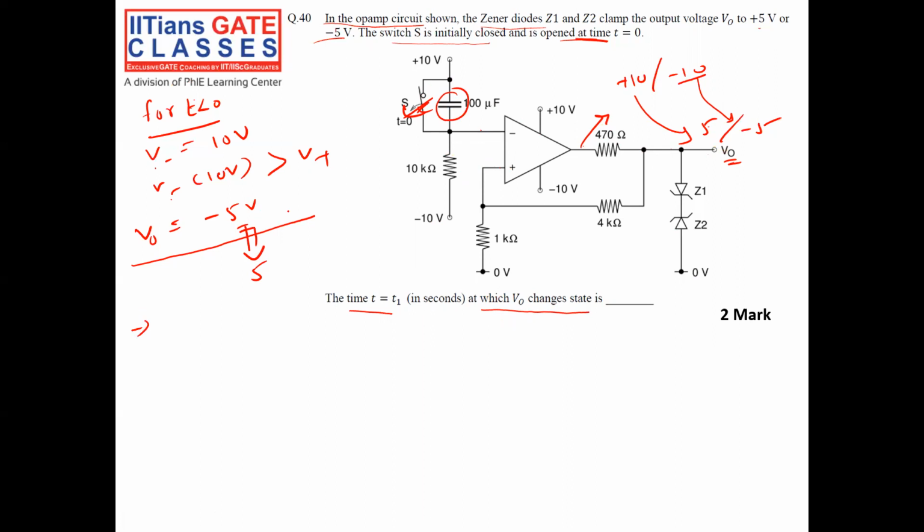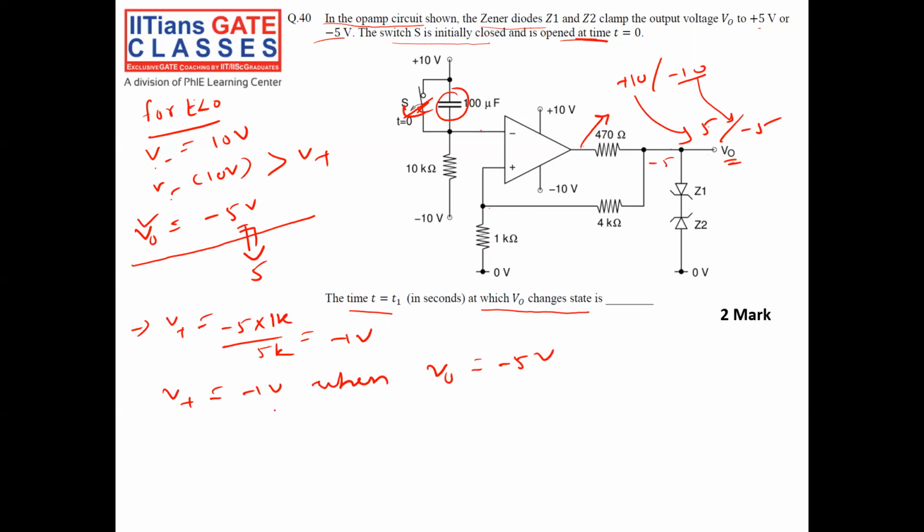For this, first, when my V0 is -5, what is V positive? V positive is equal to -5 into 1 kilo divided by 1k plus 5k, which is equal to -1 volt. So V positive is equal to -1 volt when my V0 is equal to -5 volt.